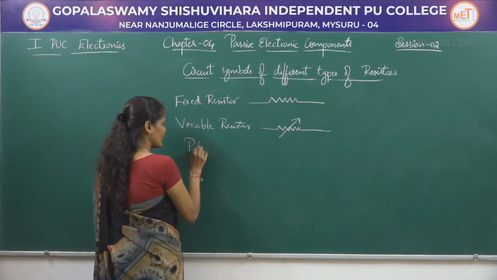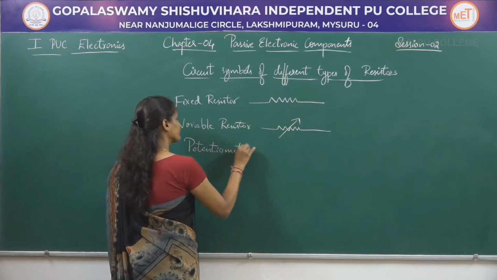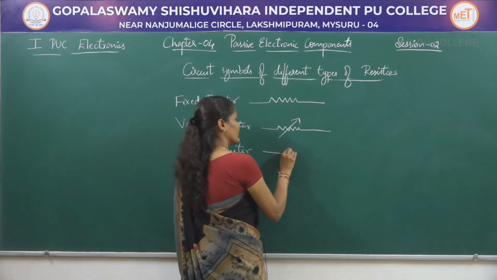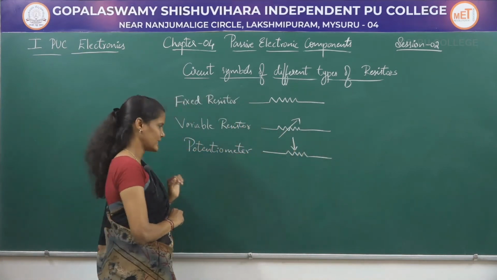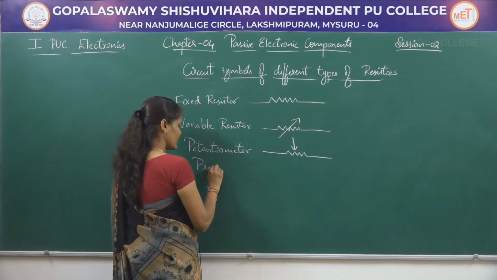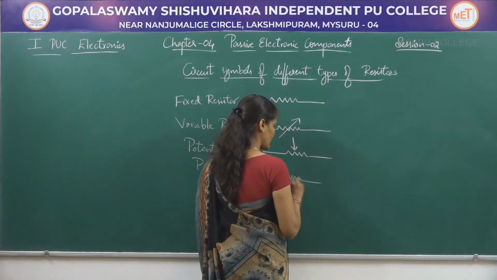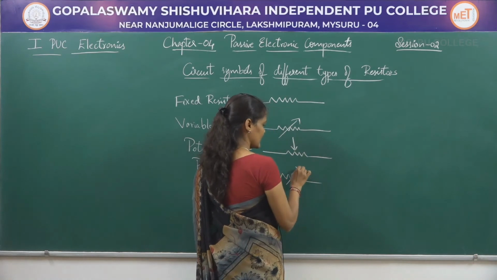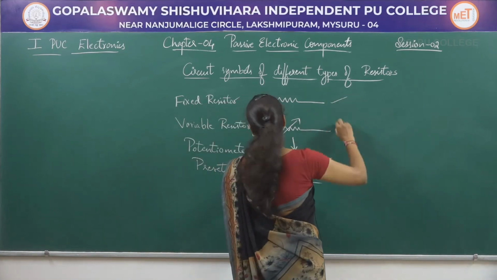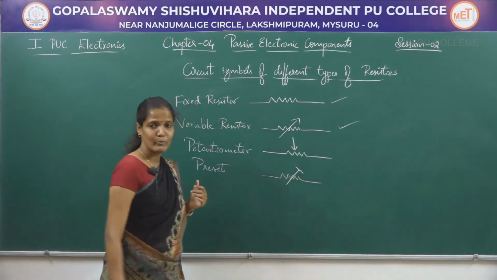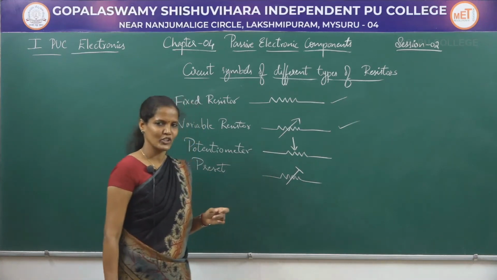Then coming to the potentiometer, which is also a type of variable resistor, we represent the potentiometer like this. The last symbolic representation is the preset, which will be like this. In our electronics lab, we are going to use the fixed type as well as the variable type of resistors, whereas in the physics lab you are going to use the potentiometer.